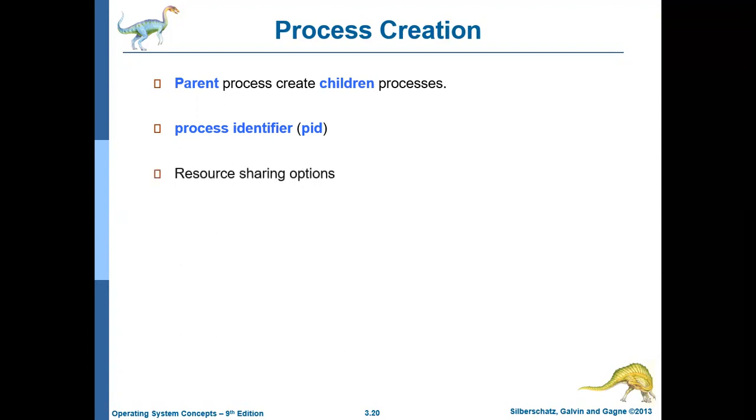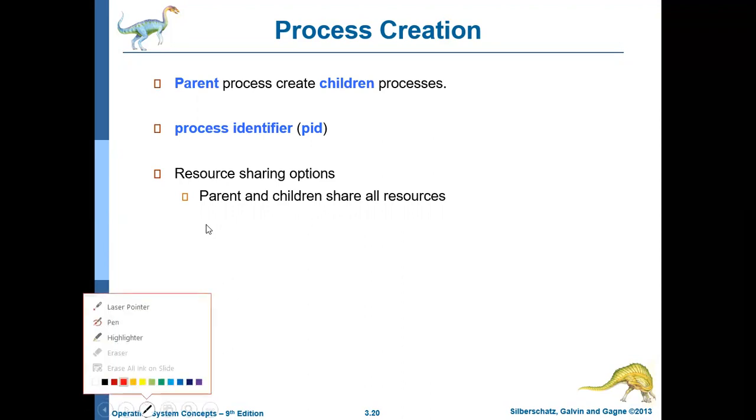There are different options in which the resources may be shared. The first option is that all the resources may be shared by both parent and the child. What does it mean?